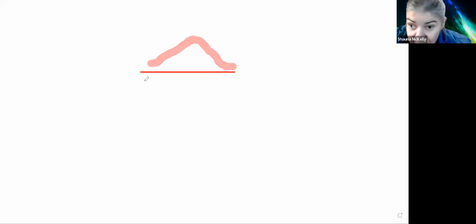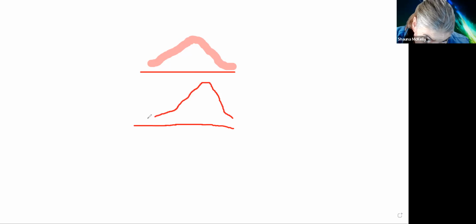That's symmetrical. If we're talking about skewed, then we might be talking about something like this, where here's the big hump, and then it falls way down like this.